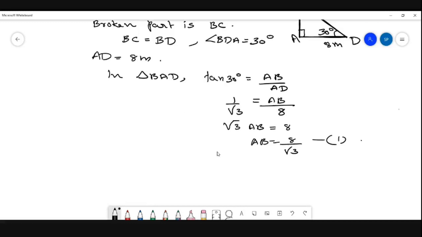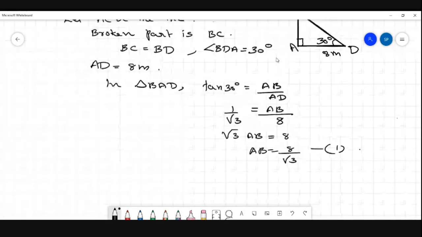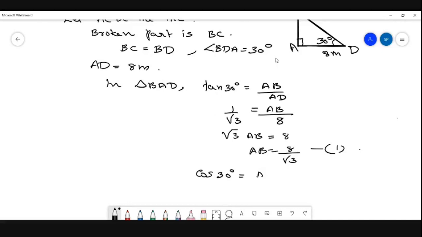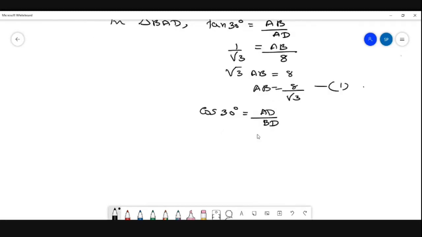Now consider the same triangle. We'll see what is cos 30. Cos 30 equal to AD divided by BD. Cos 30 we know it is root 3 by 2.